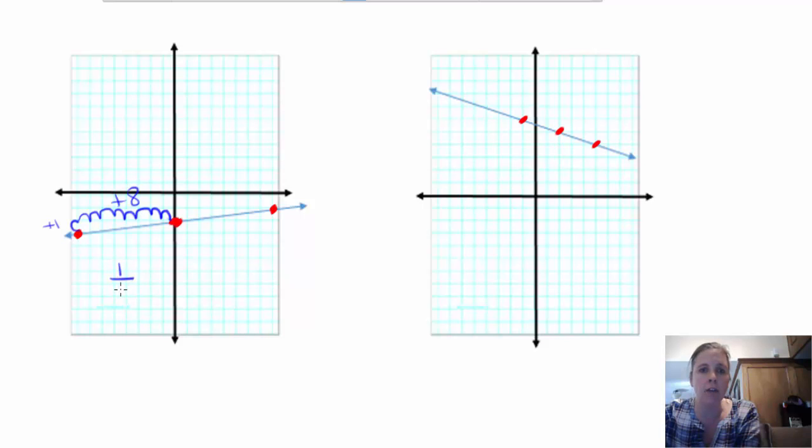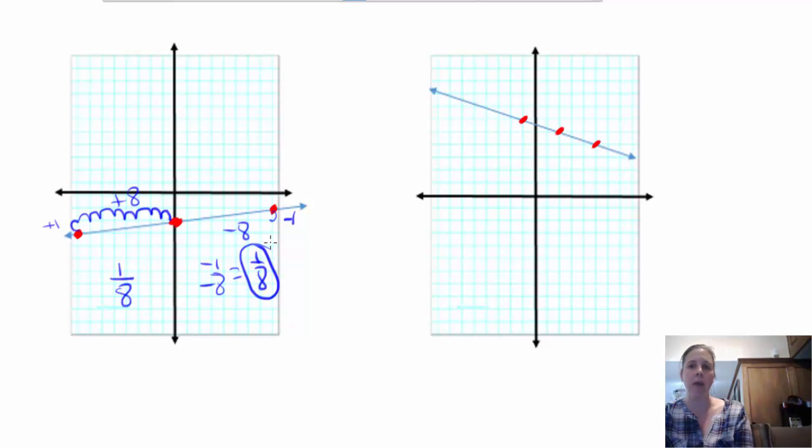So 1 over 8. If you went this way, you would have gone down negative 1, and over negative 8. So it would have been negative 1, negative 8, which in the end would have given you 1/8. So that's the slope on that one.